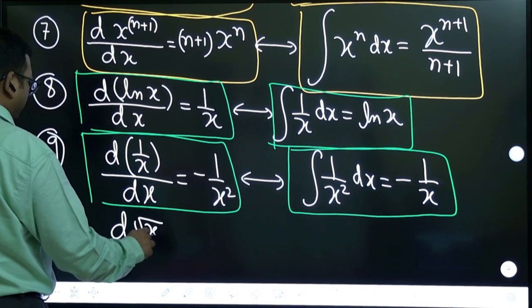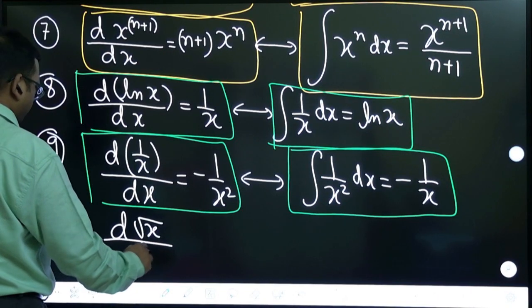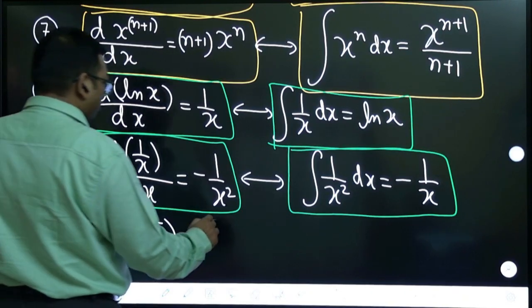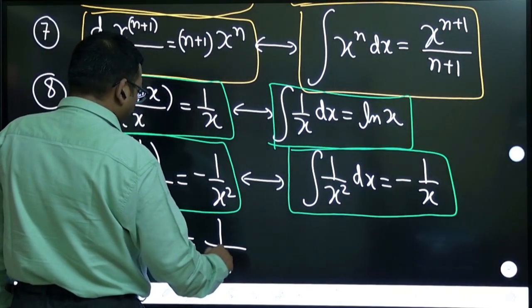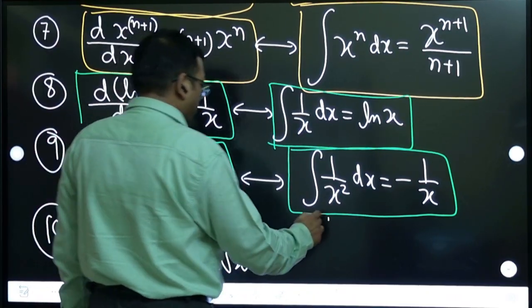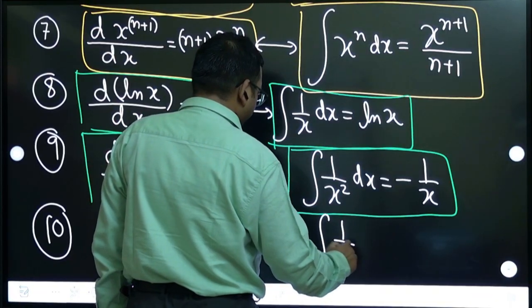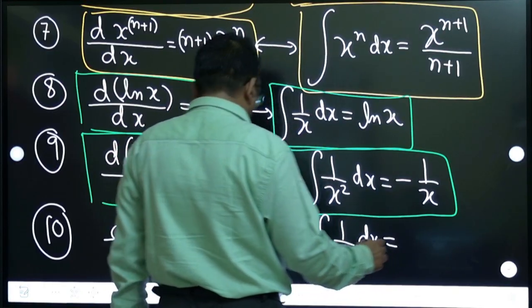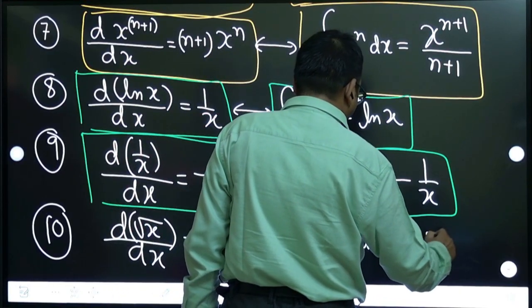Differentiation of root x with respect to x becomes 1 by 2 root x. So the integration of 1 by root x becomes 2 root x.